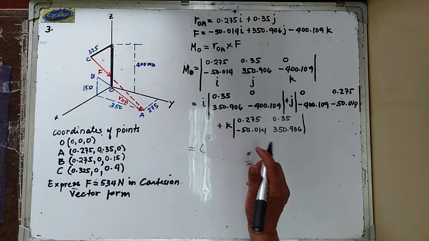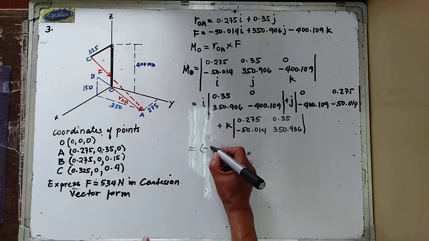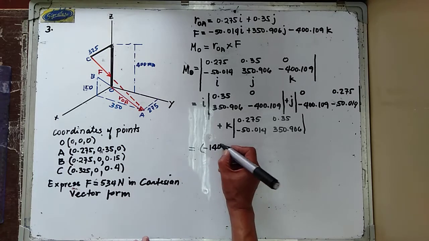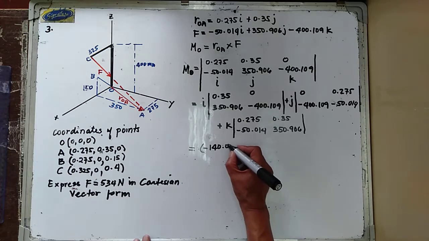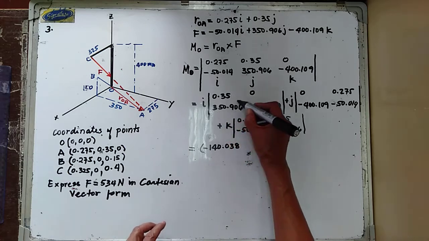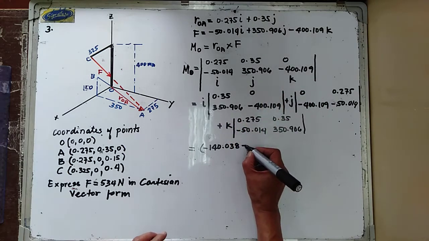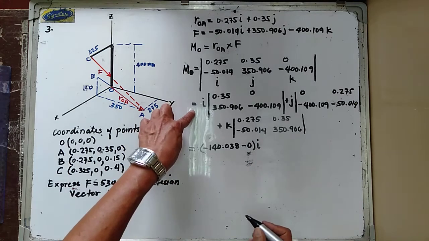So 0.35 times negative 400.109 is equal to negative 140.038, minus 0, and that one is i.